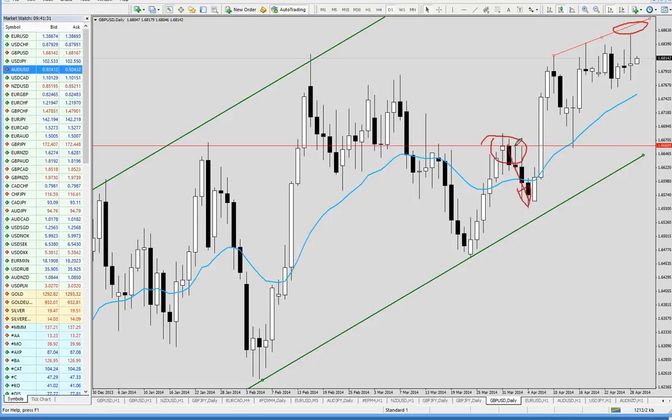So this weakness was strength here. Whoa, what a miss of the long. Wow. Okay. Anything here? It was broken here.